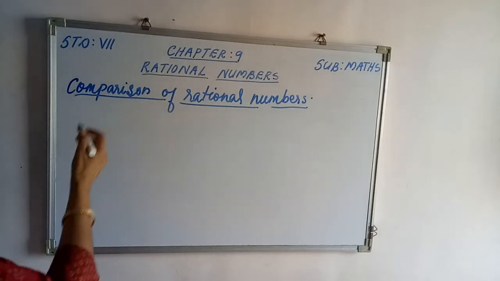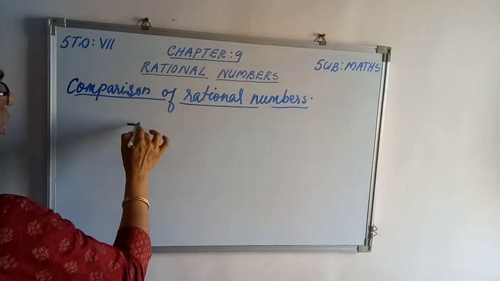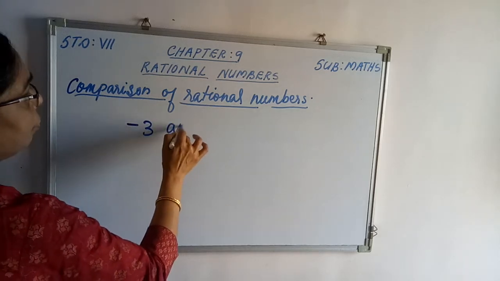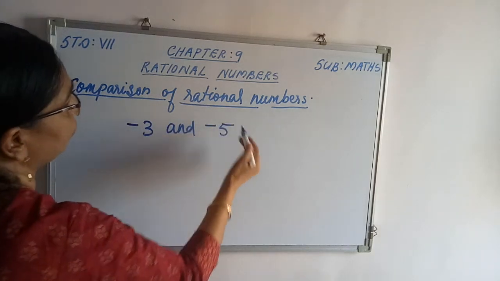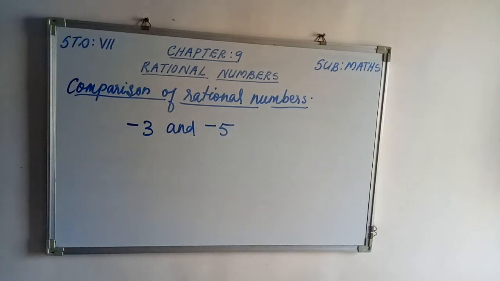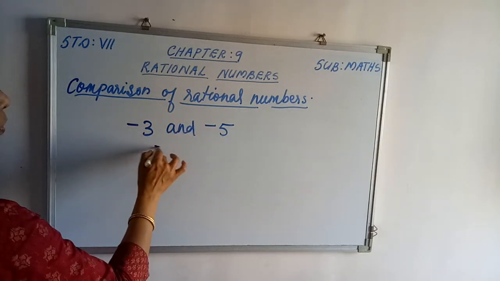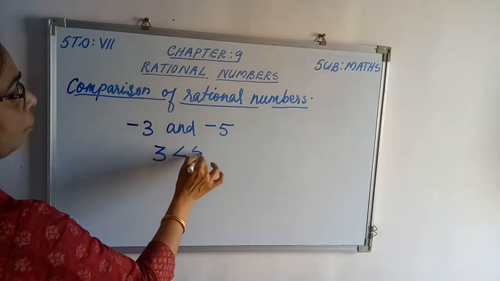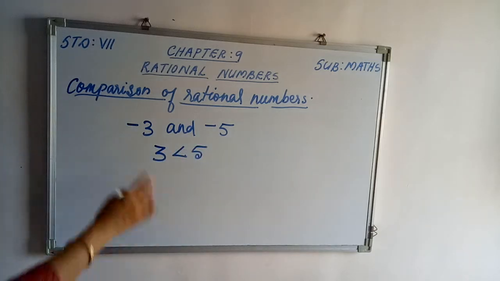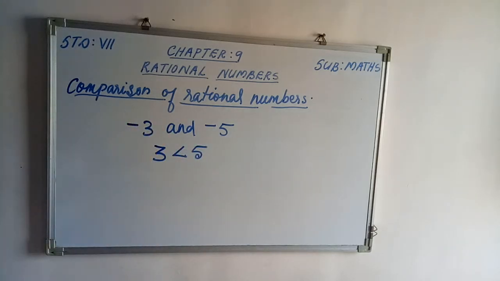For example, two negative rational numbers, minus 3 and minus 5. How to compare these two? First what you have to do is ignore the sign. When you ignore the sign, you know that 3 is less than 5, isn't it? Without considering the sign, then what I told, just reverse the order.